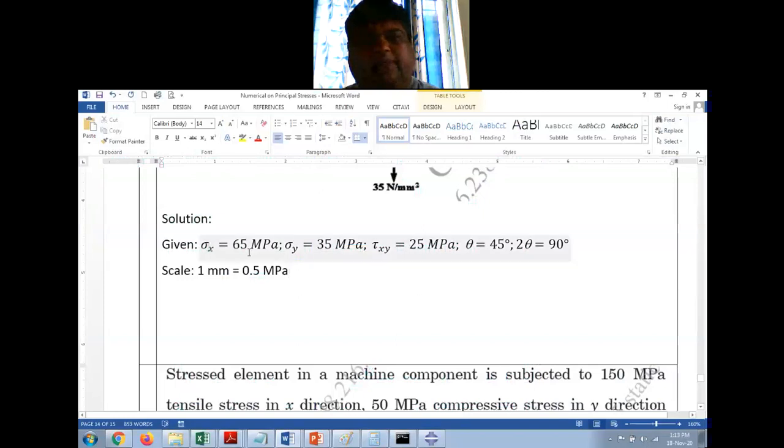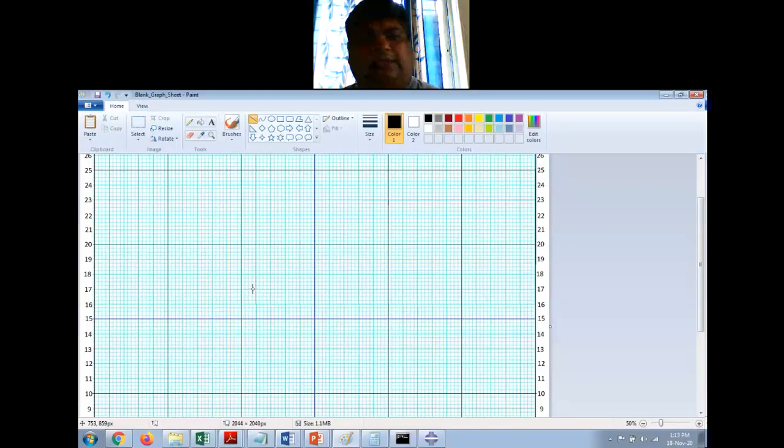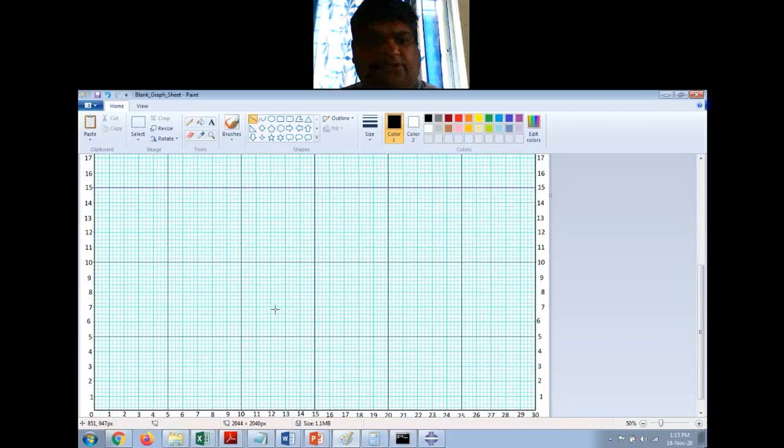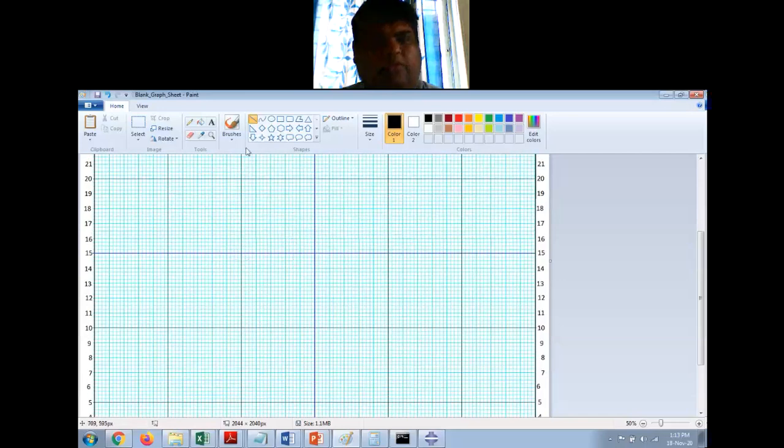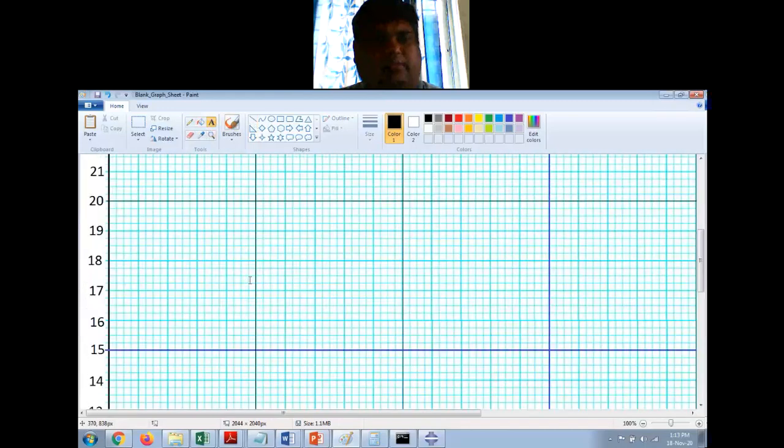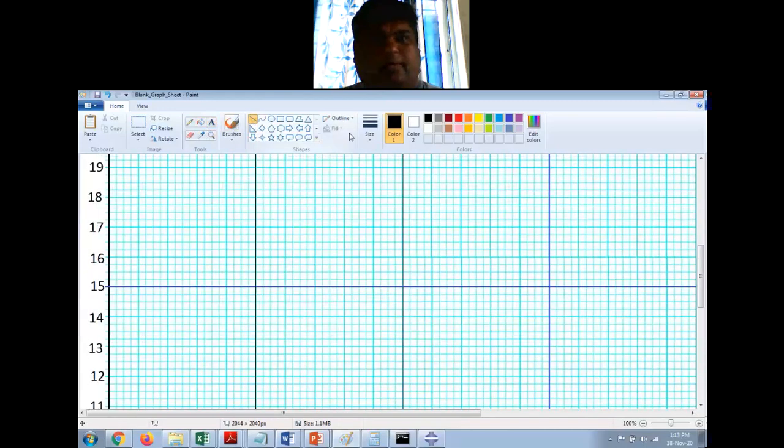Now sigma x is 65, so 65 converted to scale will be 13 centimeters, right? So this is my reference line. Now I'll start from here, from this point.